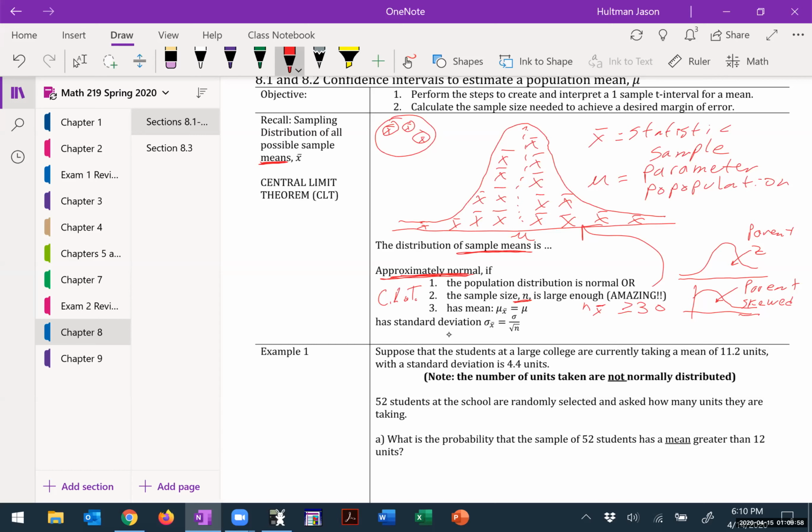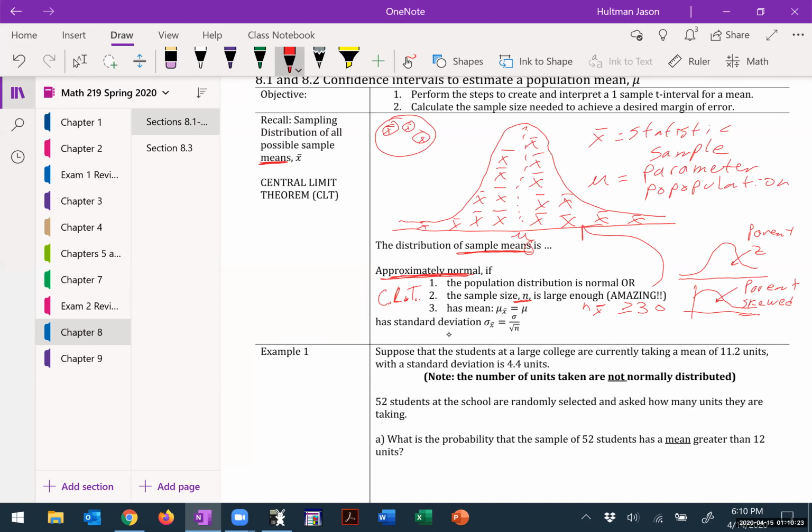It says, look, all roads, if I'm dealing with sample means, plural, not just one sample, but a bunch of samples out of the same population, will lead to a normal distribution.